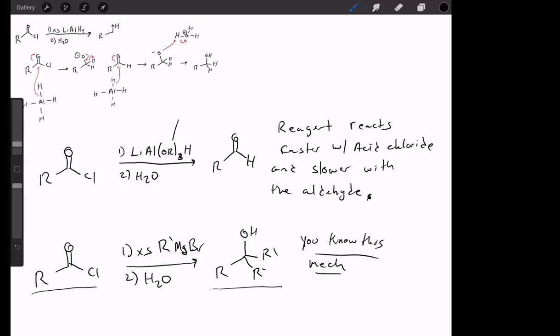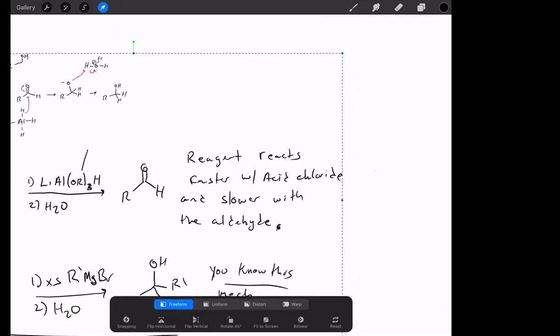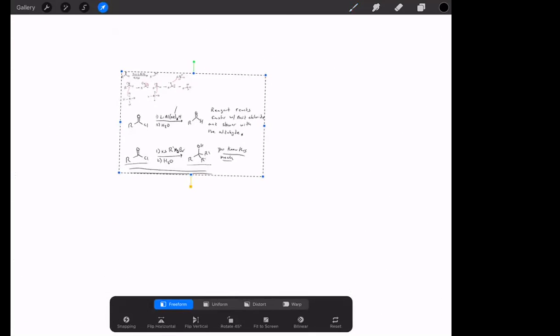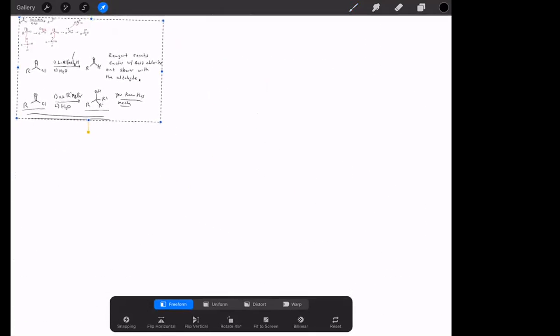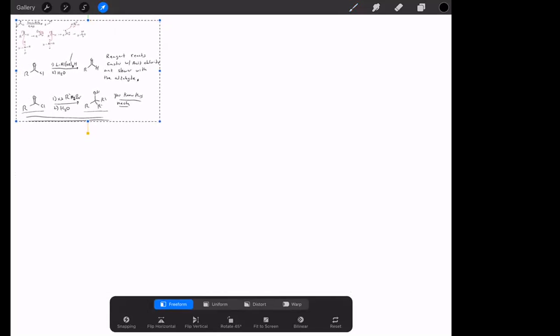So this is a reaction that could be new in the sense that I have never written down an acid chloride reacting with Grignard reagent. The results are exactly the same. As long as we know that acid chlorides are derivatives of carboxylic acids, we should already know how that works.